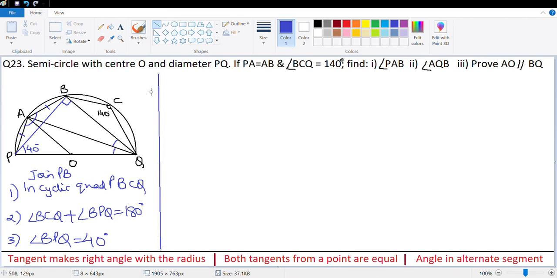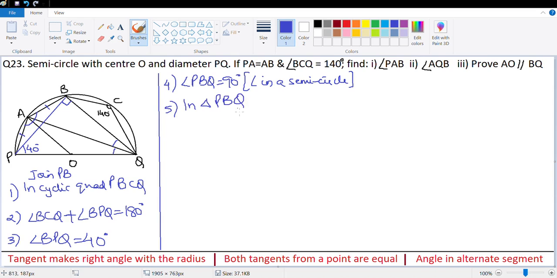Let's see. Next, point number 4, angle PBQ is equal to 90 degree, angle in a semicircle. Which means in triangle PBQ, I have 90 degree plus 40 degree plus angle PQB is equal to 180 degree, which means angle PQB is equal to 50 degree.